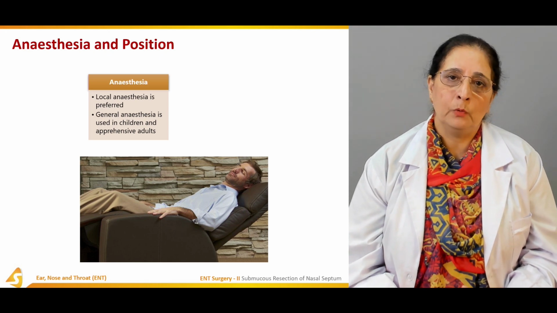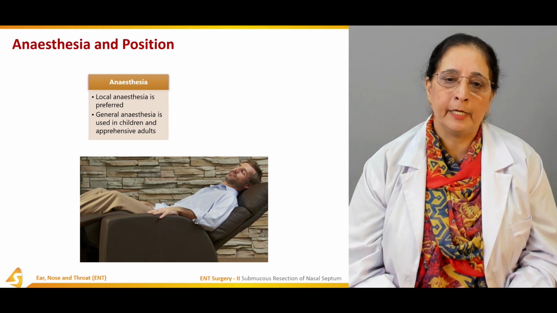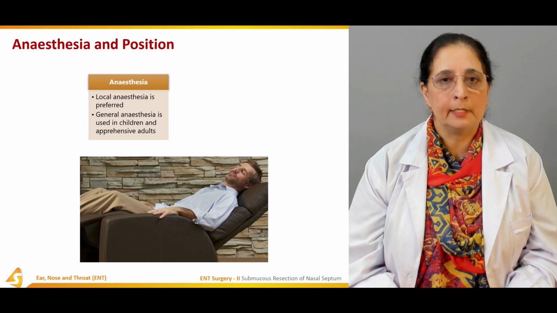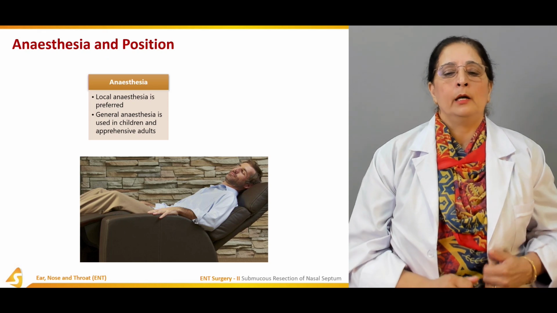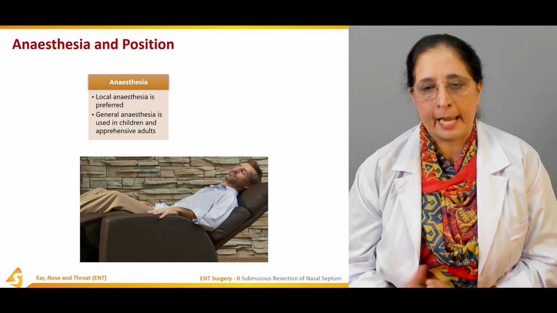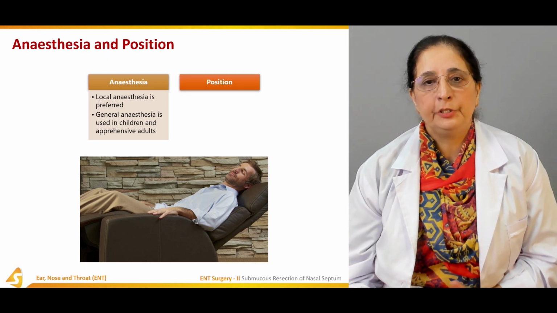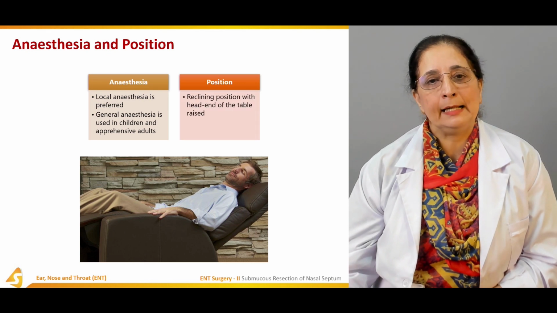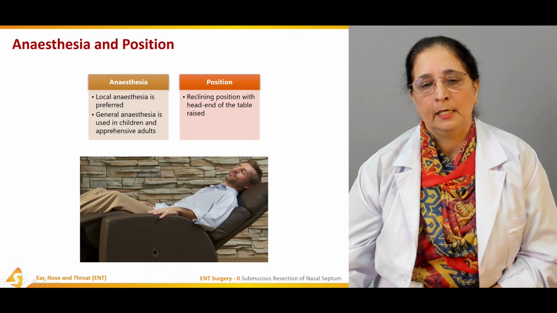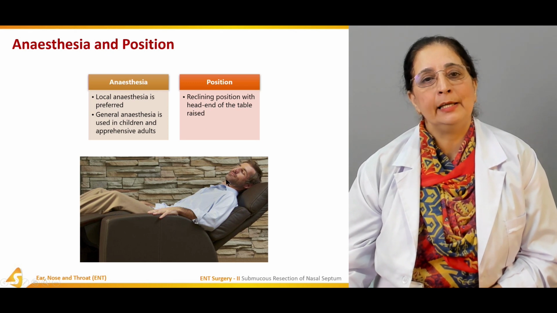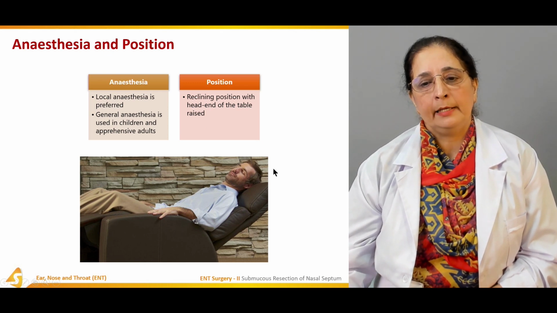In children who are not cooperative, we can use general anesthesia, and in adults who are apprehensive and anxious. Position of the patient: reclining position with head end of the table raised. So that's the position, reclining with the head end raised.